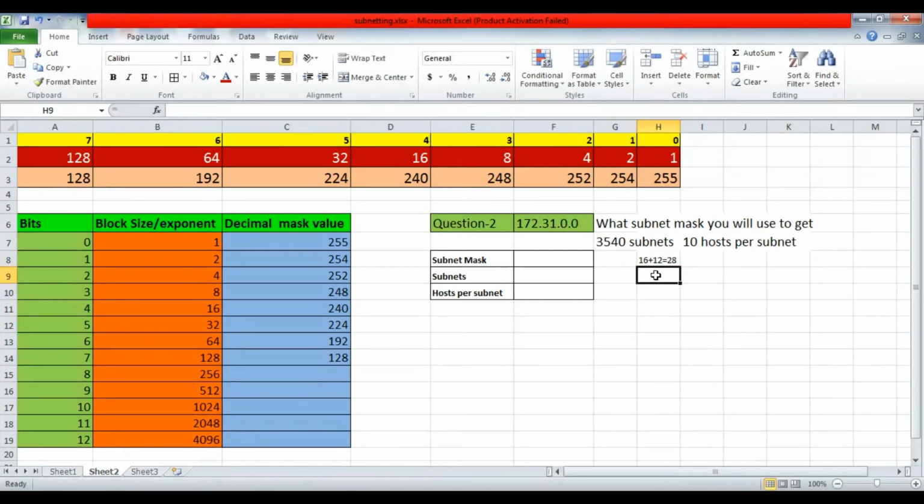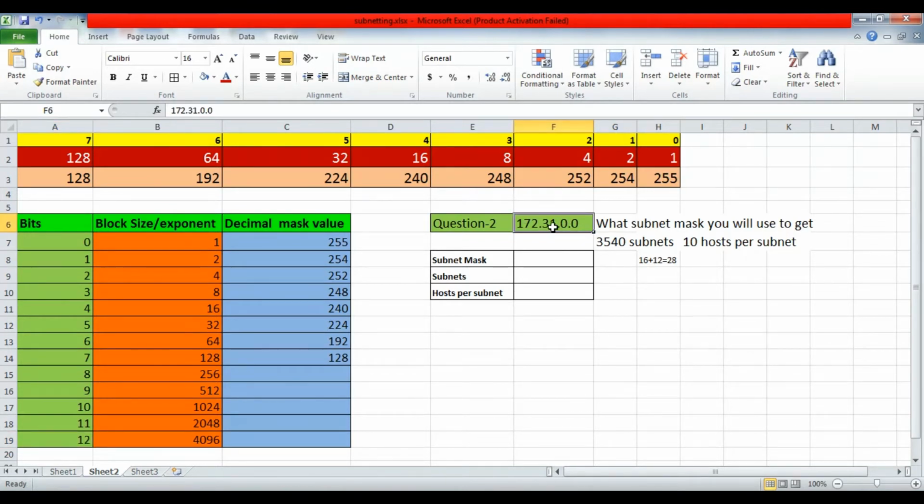We already had 16 bits. We calculate it from here. All 16 bits are reserved for the network address, and from the remaining bits, since we need 3540 subnets, it falls here. We will use 12 bits from the remaining 16 bits for the network.